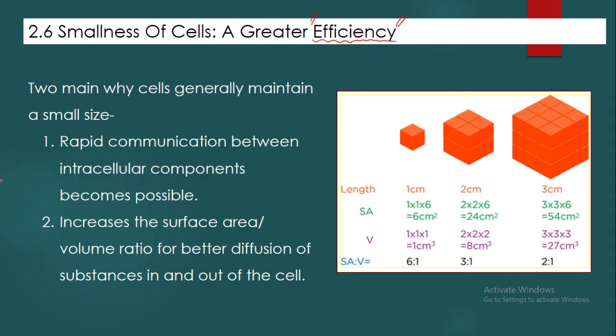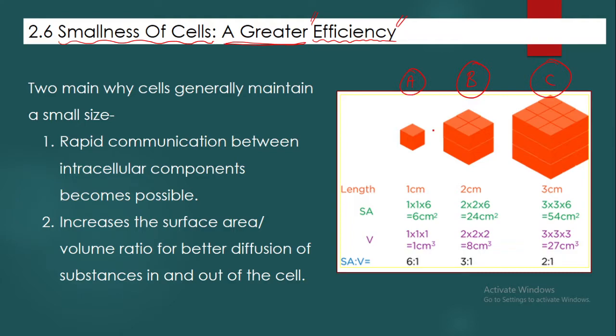Now here we are talking about the efficiency of a cell, and the statement says: the smaller the cell, the greater the efficiency. So what you are seeing in this image is a small cube, a larger cube, and a much larger cube.